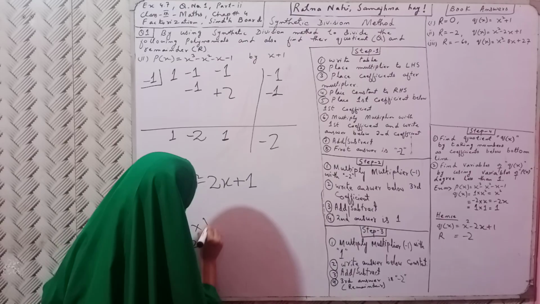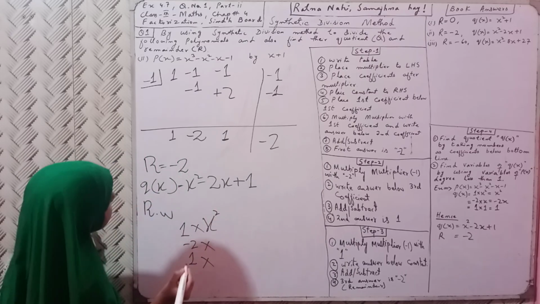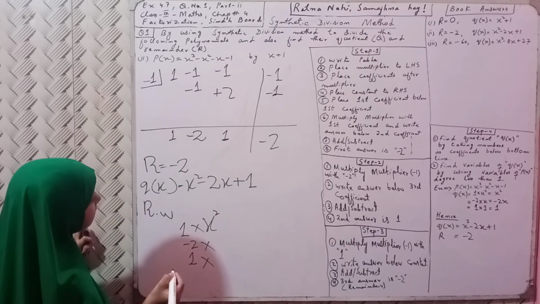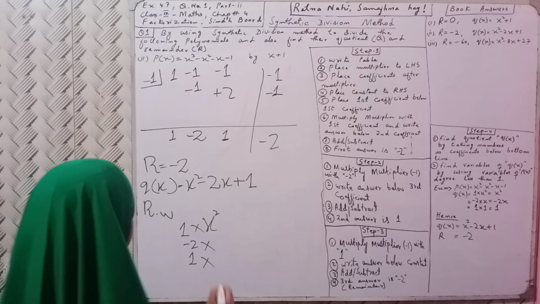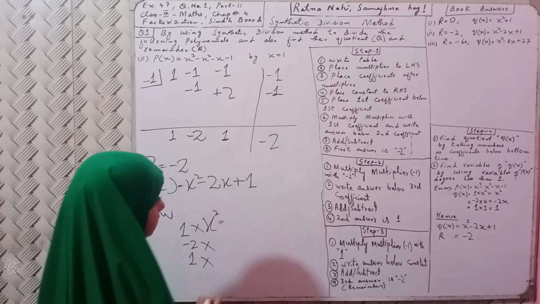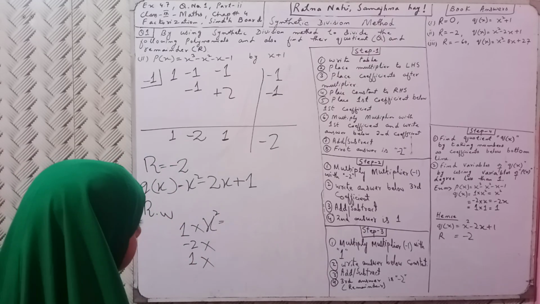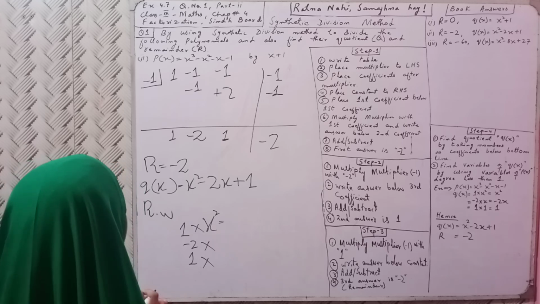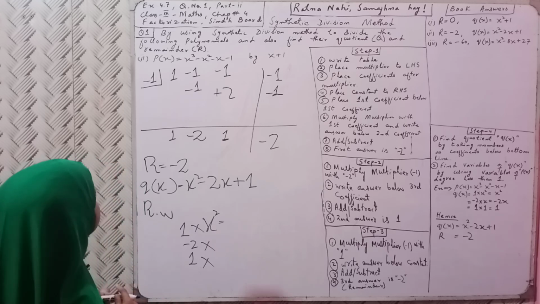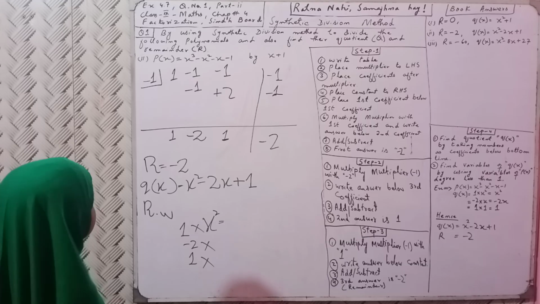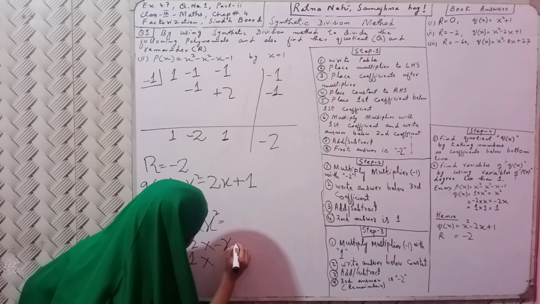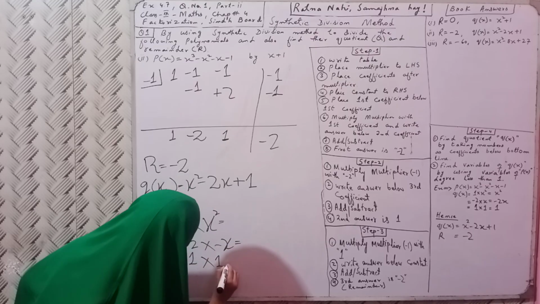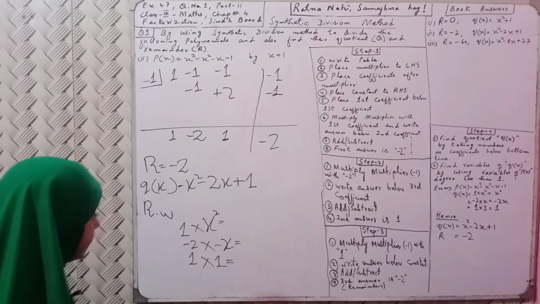x square, then minus 2 multiplied by x, 2x square, then minus x, then 1. Done this.